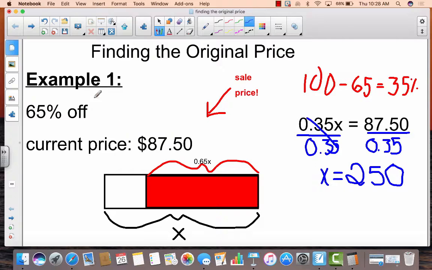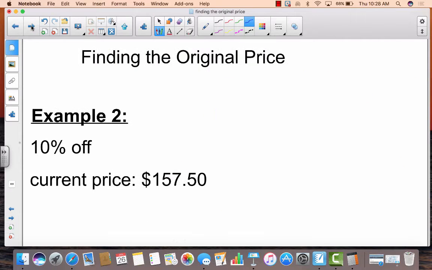So let's take a look at another example. This time, the item is on sale for 10% off, and its sale price is $157.50. So again, if I were to pay full price for an item, I would be paying 100%. But it's 10% off.